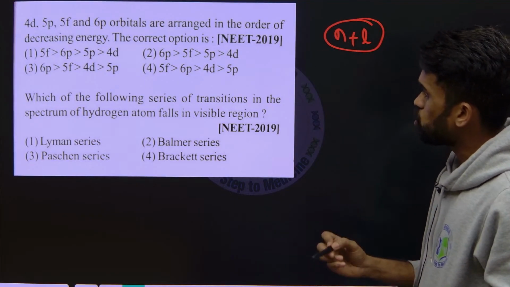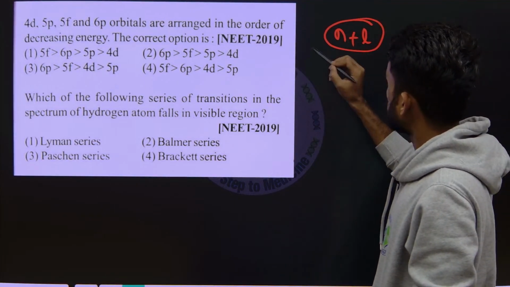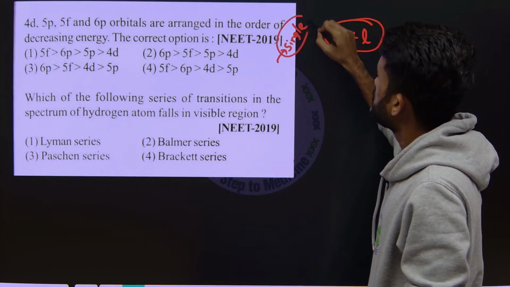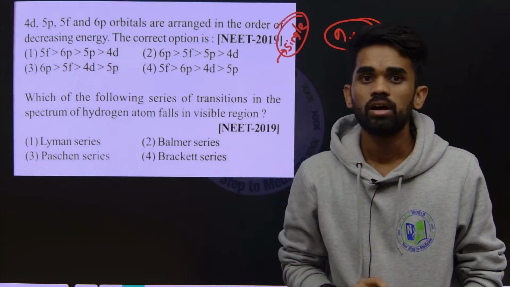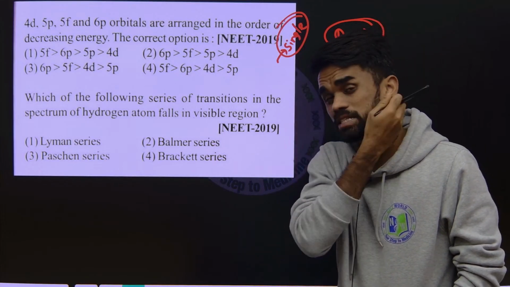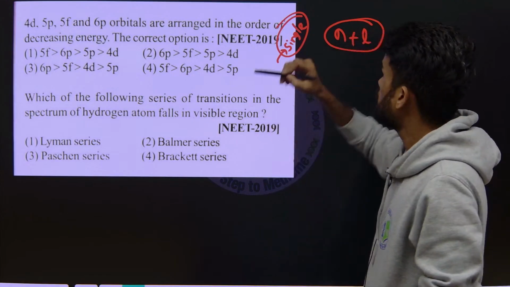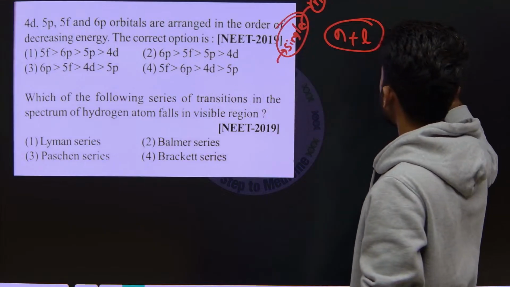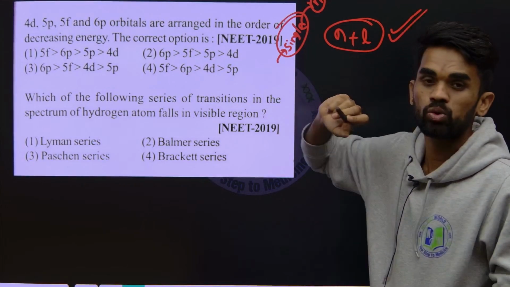If in the question they mention particularly a single electron system or hydrogen-like system, then only you consider it for that. For a hydrogen atom, it only depends on the n value, right? If they haven't mentioned, you take this n plus L, the Bohr-Bury rule we can say.